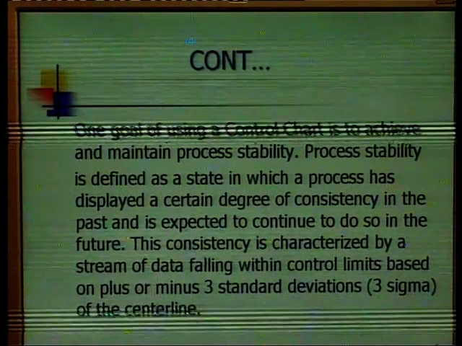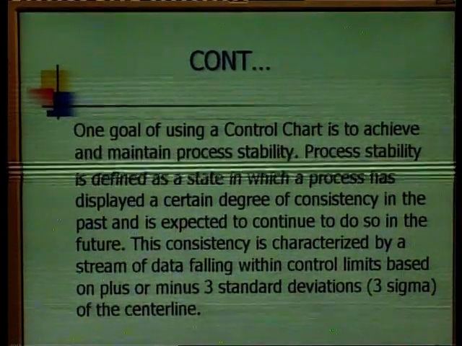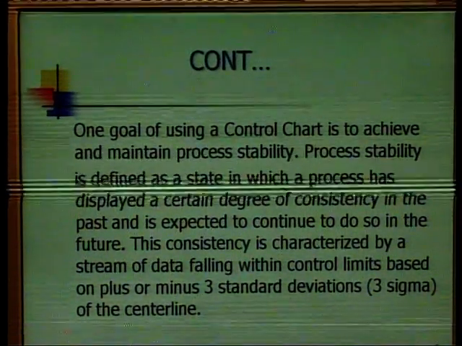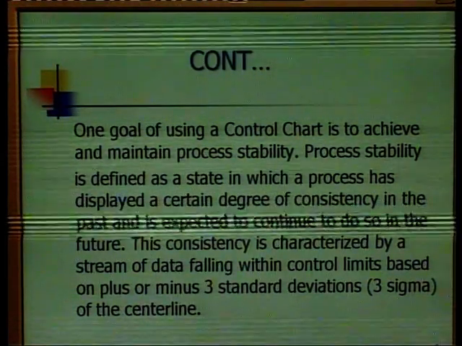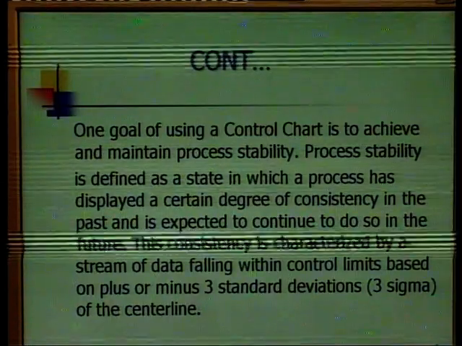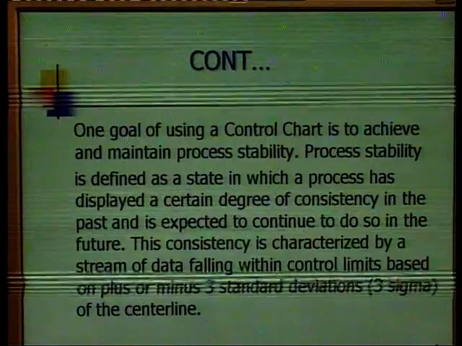So, a process having all its points within the control limits is a stable process. This consistency is characterized by a stream of data, as I have already told you, which falls within the control limits, based upon plus minus 3 sigma limits of the central line.